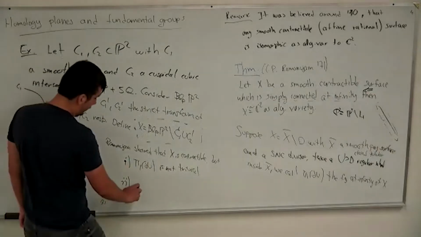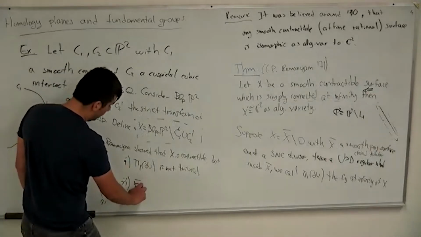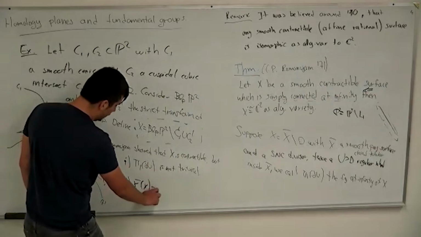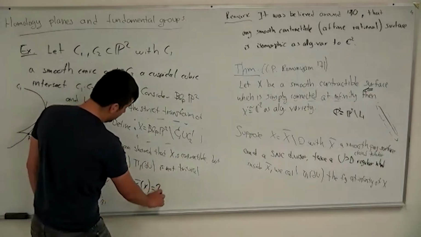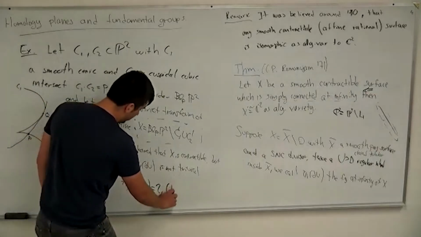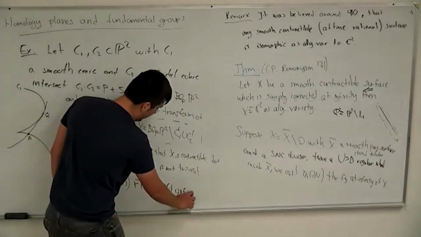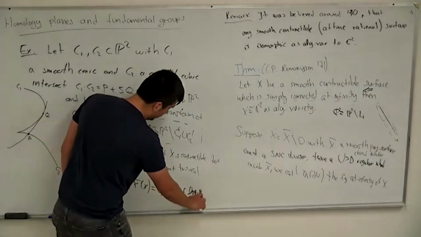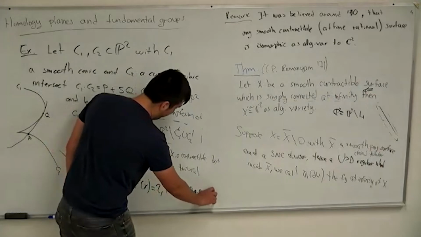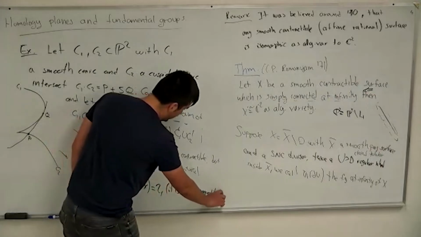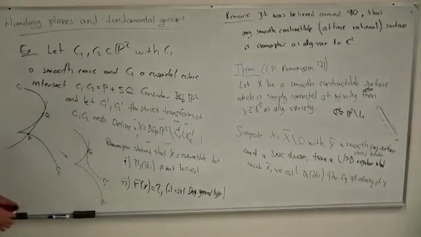So we can say that the logarithmic Kodaira dimension of this surface is actually 2. So it is of log general type. It cannot be isomorphic to C2. Okay?